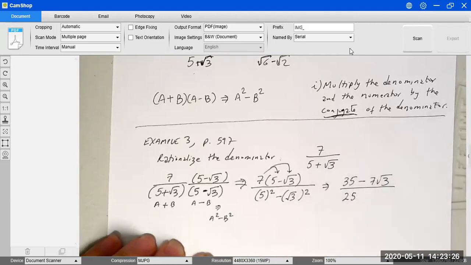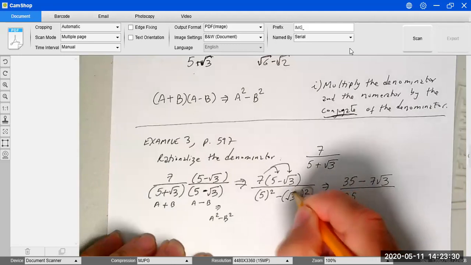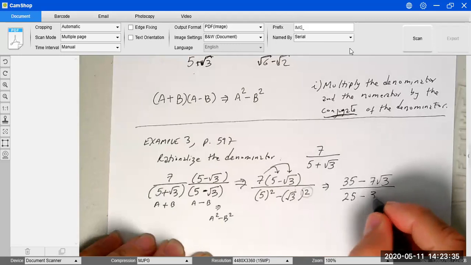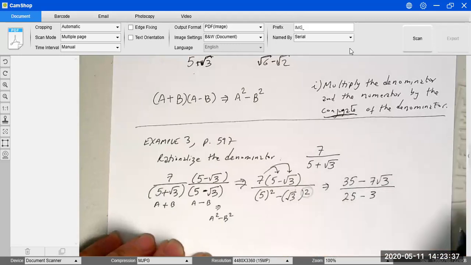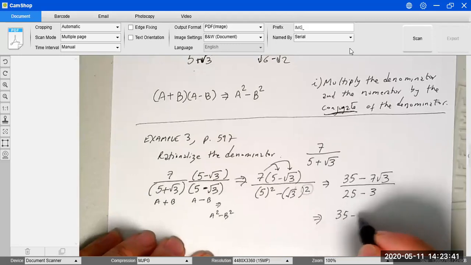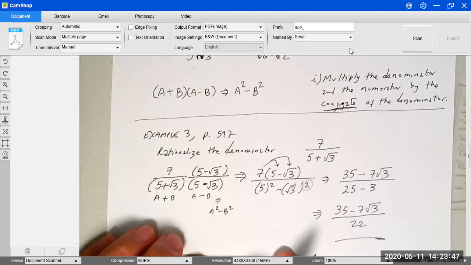And here you just need to remove the exponent and the radical, so you end up with only negative 3 or minus 3. So the final answer is going to be just 35 minus 7 times radical 3 over 22. So that's example 3.